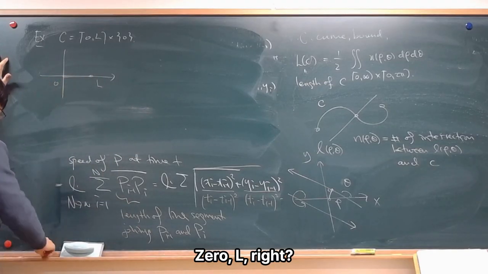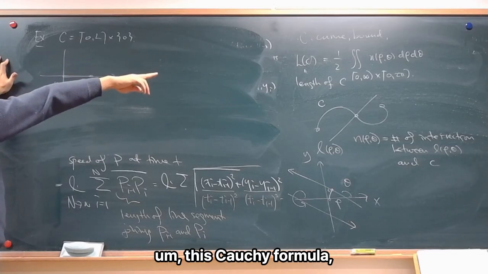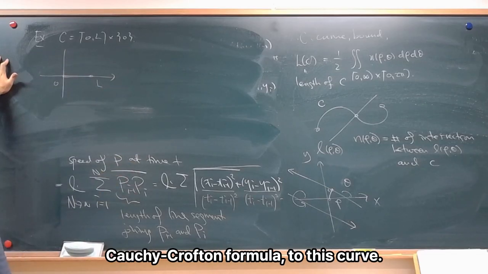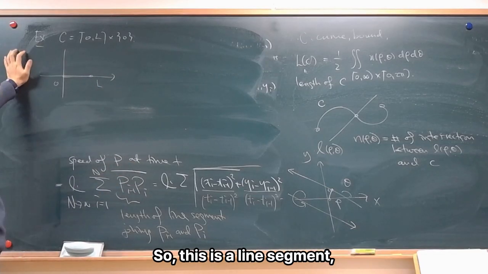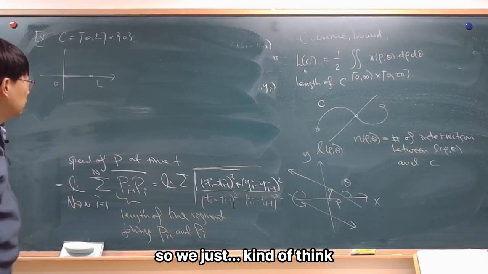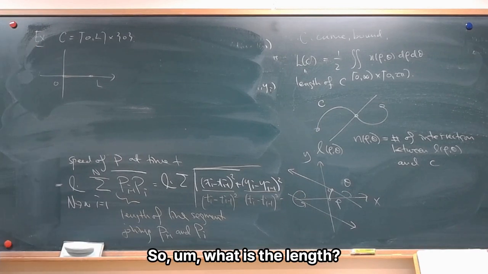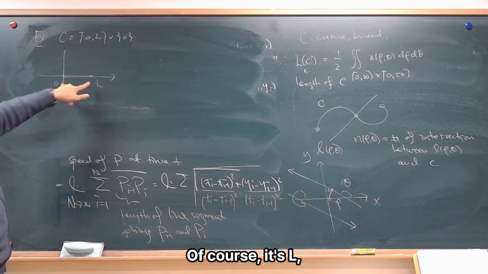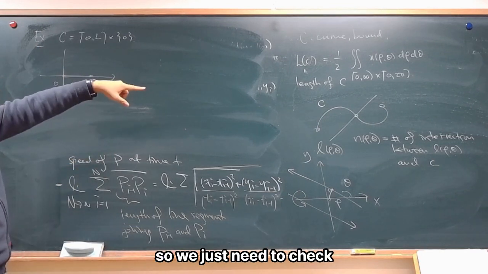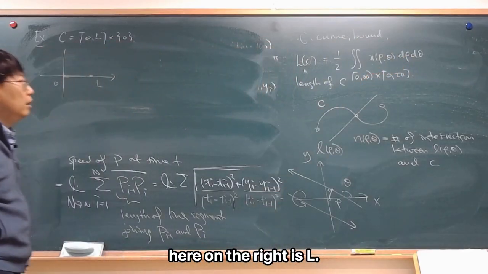I want to apply this Cauchy-Crofton formula to this curve. This is a line segment, but a line is still a curve, so we think of this as the simplest example of a curve in the two-dimensional plane. What is the length? Of course, it's L. So we just need to check whether the double integration on the right is L.